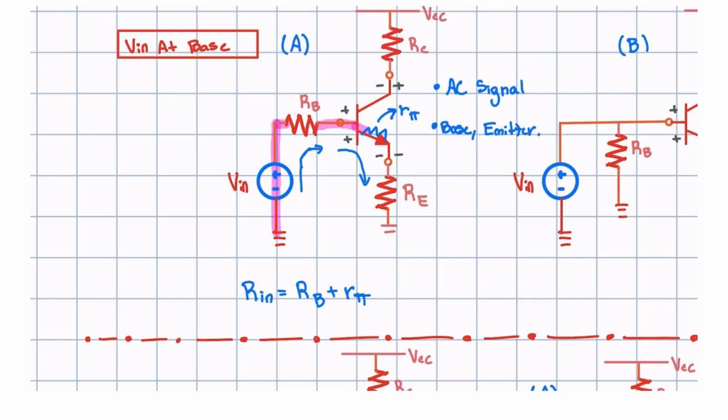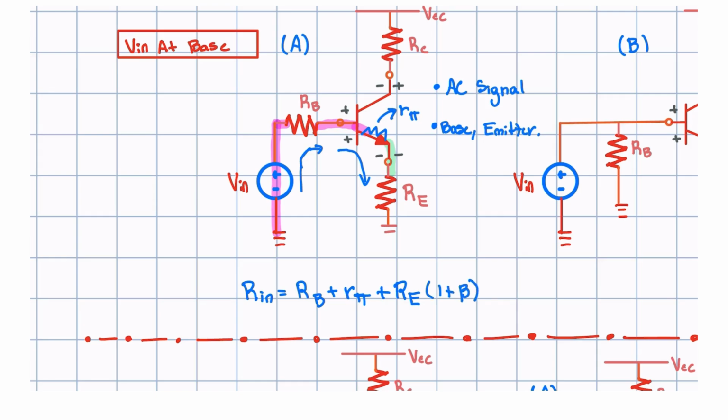Now, as we keep going, we pass the base and finally get to the emitter, and this emitter has a resistance of RE. The only special change in BJTs when we're finding input impedance is that this emitter resistance has to be multiplied by a constant of 1 plus beta.